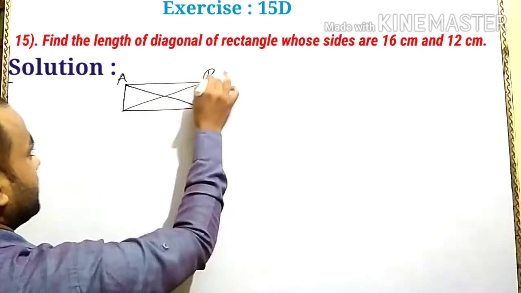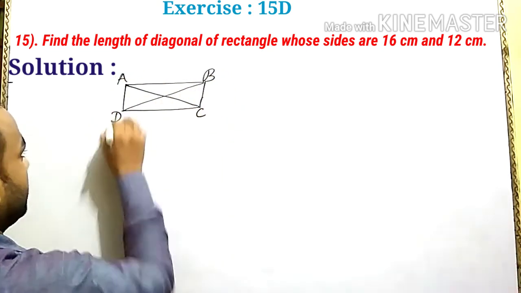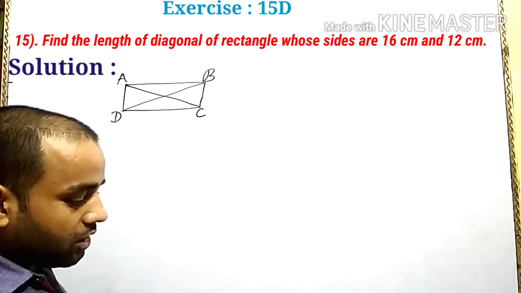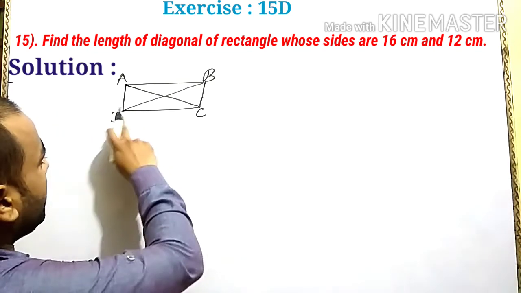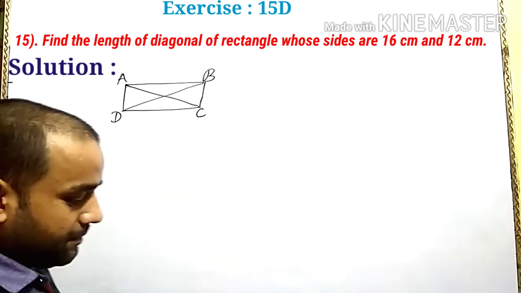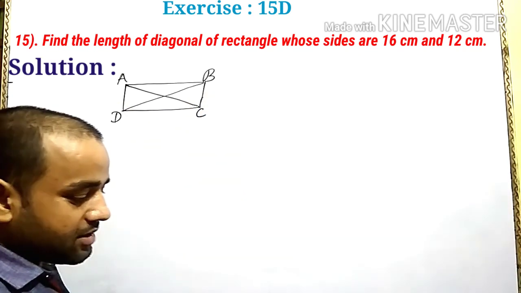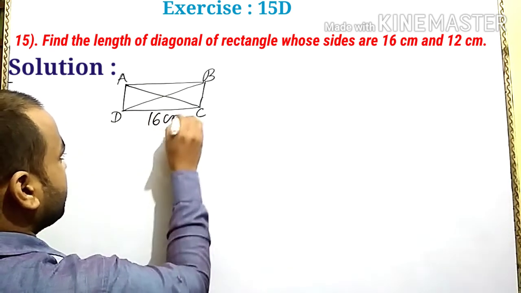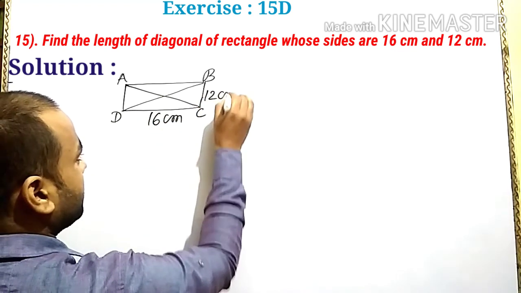A, B, C, D. Find the length of diagonal means here find the value of AC and BD, whose sides are 16 cm and 12 cm. Length 16 cm, 12 cm.